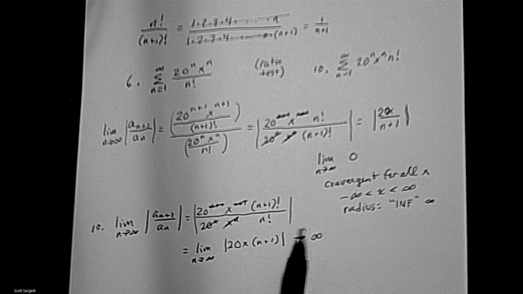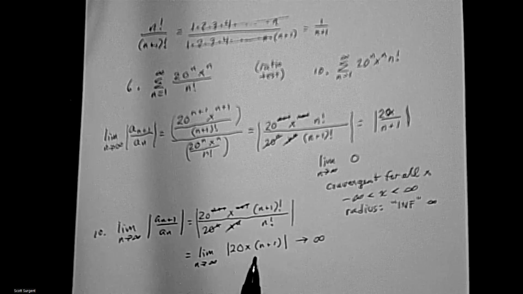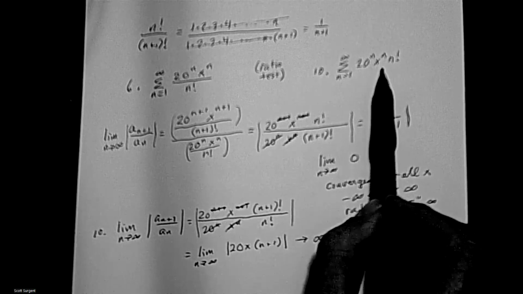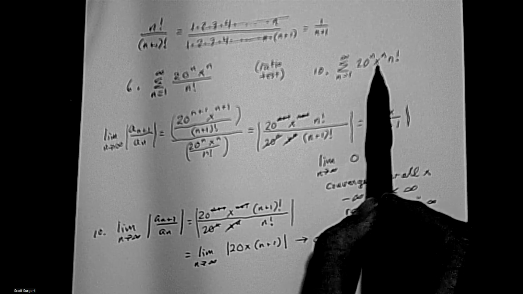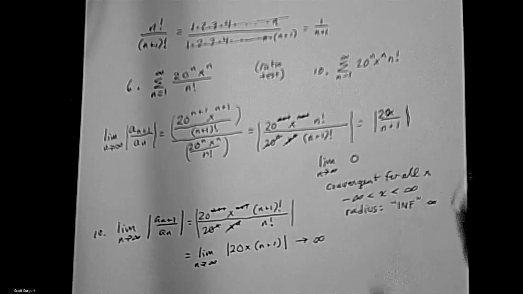Now here, technically, if x is 0, and in fact, we can go to the original series here. What if x is 0? What is this series trending toward? It would just be a bunch of zeros, wouldn't it? Yeah. So in that particular instance, if x is 0, it's convergent.